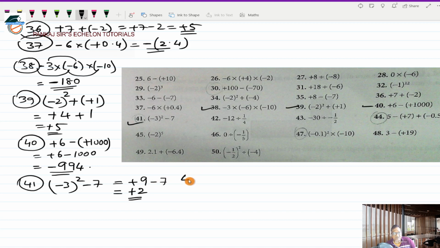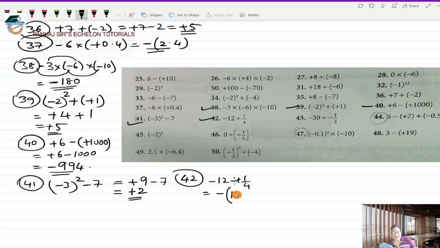Now coming to 42. 42 is a minus 12 divided by a 1 by 4. Now minus 12 and plus 1 by 4 are both directed numbers with opposite sign, and there's a division, so of course minus divided by a plus will be a minus, that I have taken.